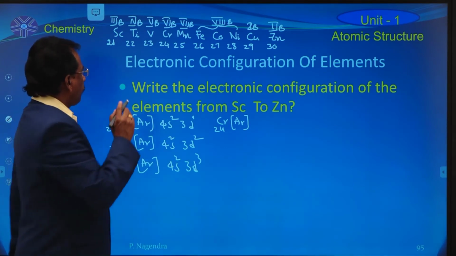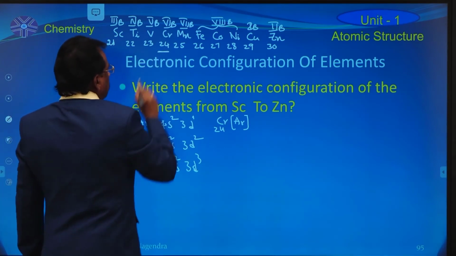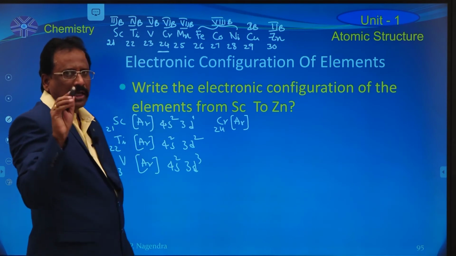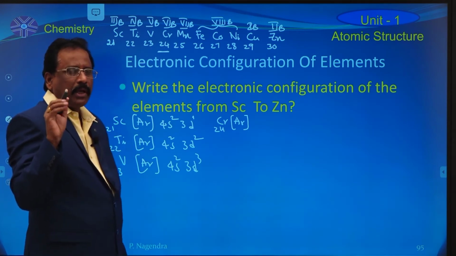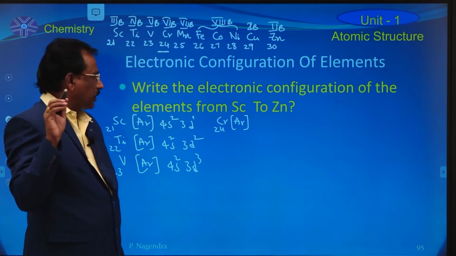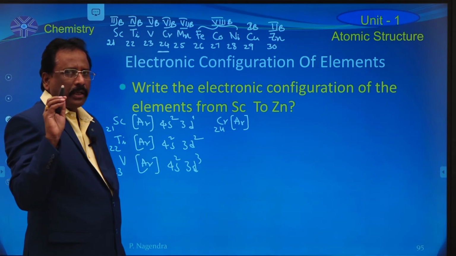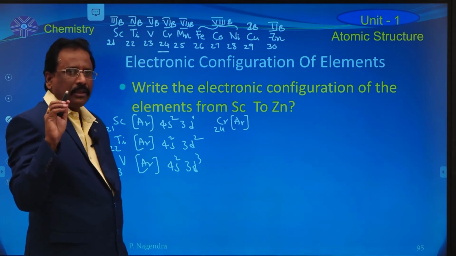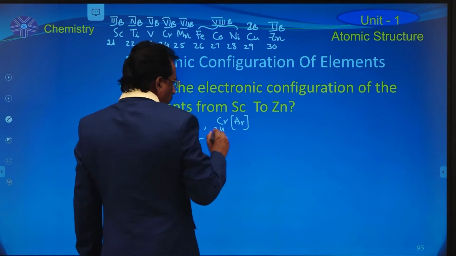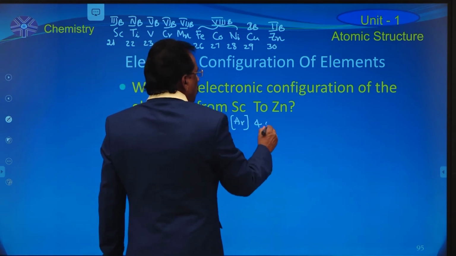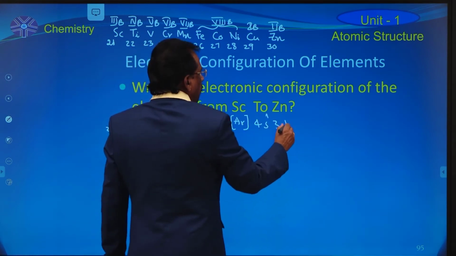You should remember that sixth B group elements show abnormal electronic configuration to get a half filled outer electronic configuration, that means to attain stability. Now chromium's anomalous electronic configuration is 4s1 3d5.